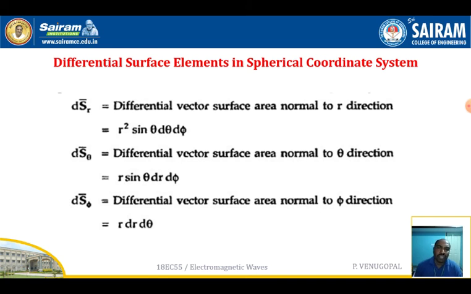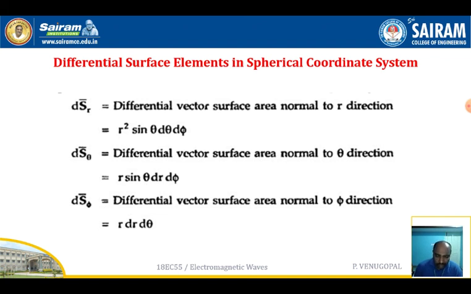Then how do we convert from Cartesian to spherical, or spherical to Cartesian, vice versa. Expressing the Cartesian in terms of spherical coordinates: x is equal to r sin theta cos phi, y is equal to r sin theta sin phi, and z is equal to r cos theta.